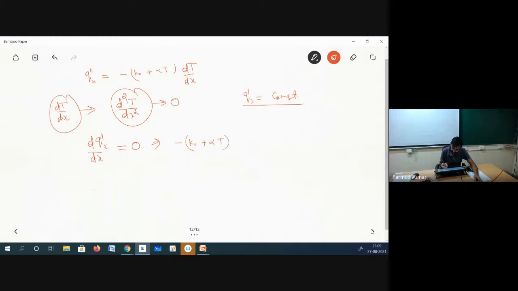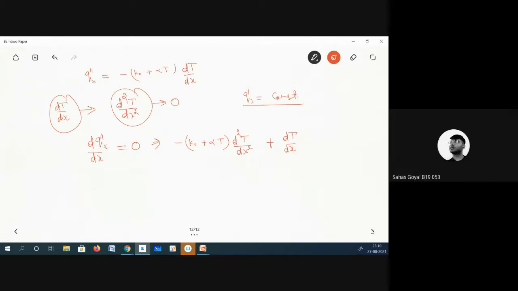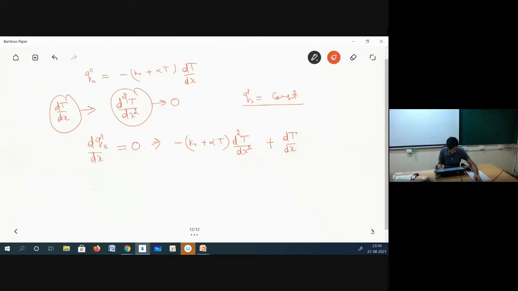Minus k naught plus alpha T into d square T divided by dx square, plus dT by dx into alpha. Correct?